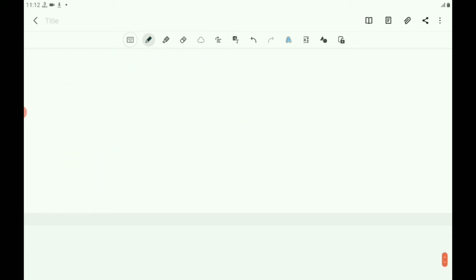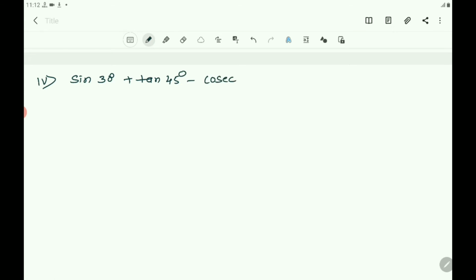Next you take the next question, that is the fourth one. Evaluate sin 30 degree plus tan 45 degree minus cosec 60 degree, that by secant 30 degree plus cosine 60 degree plus cot 45 degree.